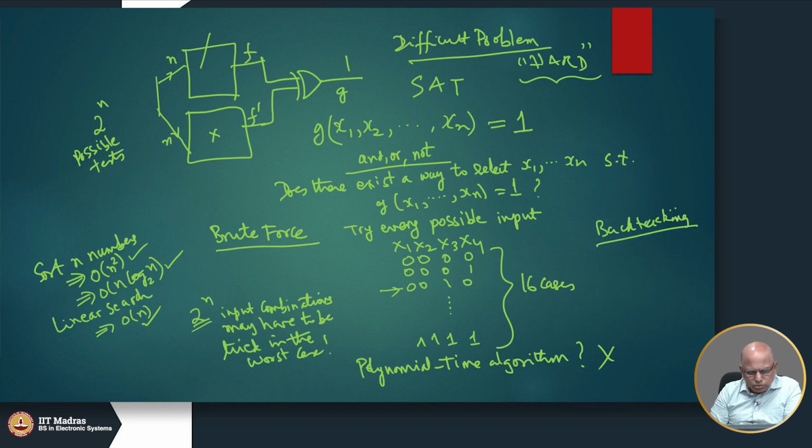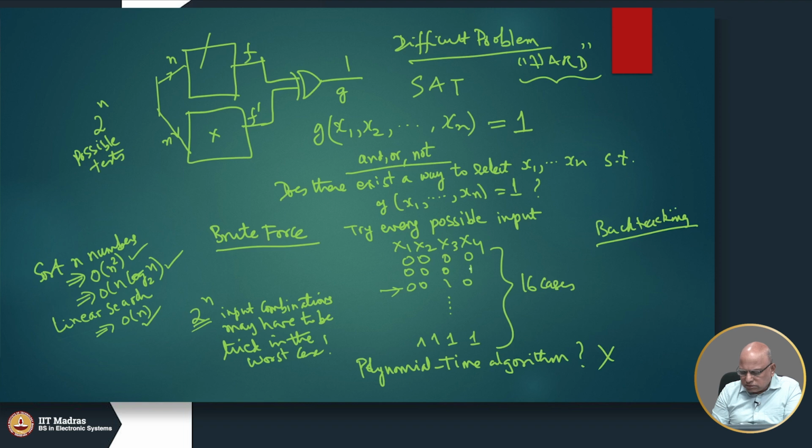So, what does backtracking do? It will initially set x1 to 0, let us say, and then try to see whether that works. Then if we had to make one more decision, we can try x2 to 0, x3 to 0, and let us say after trying 0 0 0 0 it did not work.